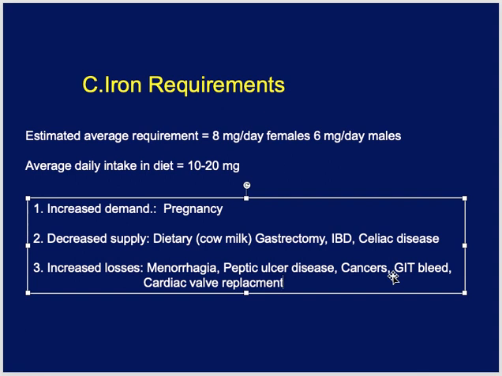So the patients lose iron, the RBCs, on a daily basis, and when they lose iron on a daily basis, it can lead to iron deficiency anemia. So these are all the causes by which they can develop iron deficiency anemia.